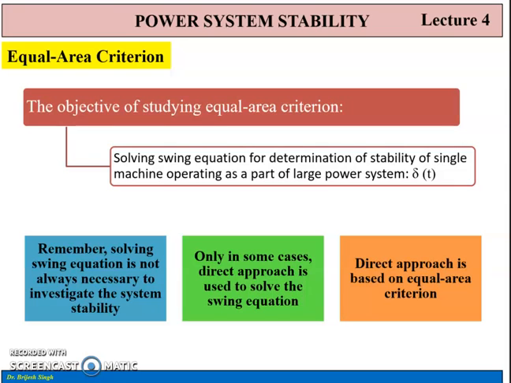This direct approach is based on the equal area criterion, and this direct method is known as the equal area criterion. It is not applicable every time for analyzing the stability of any power system network.